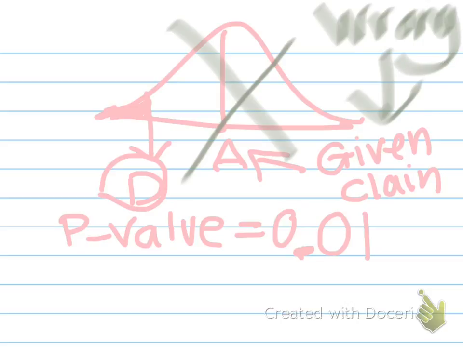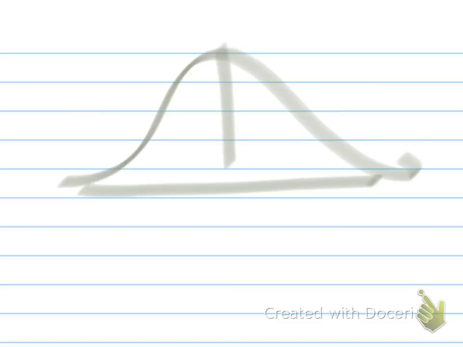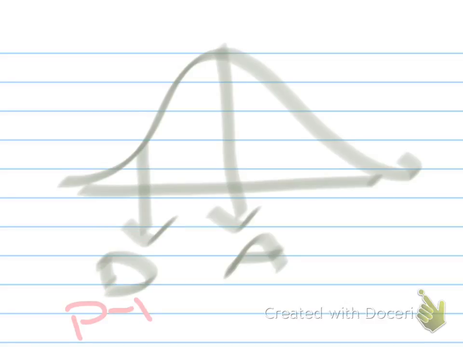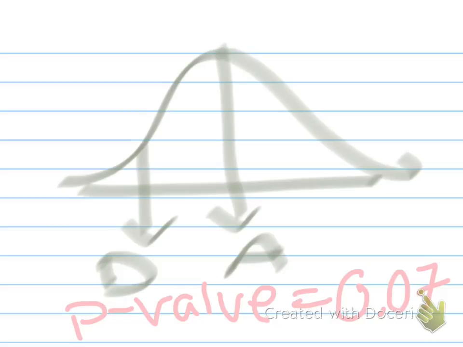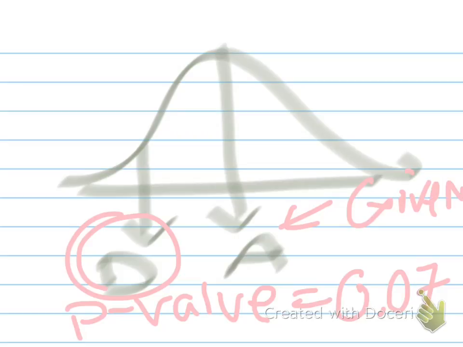Okay, but now let's say the claim is still an A. This time you get a D, but the p-value associated with that is now 0.07. There was a 7% chance now of getting a D given my claim is right.